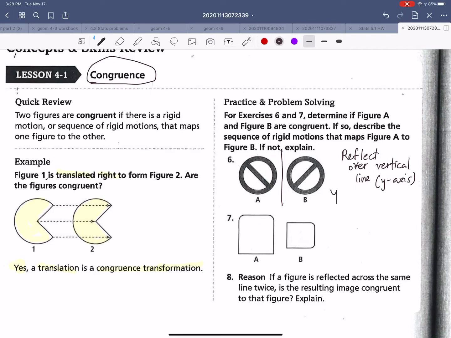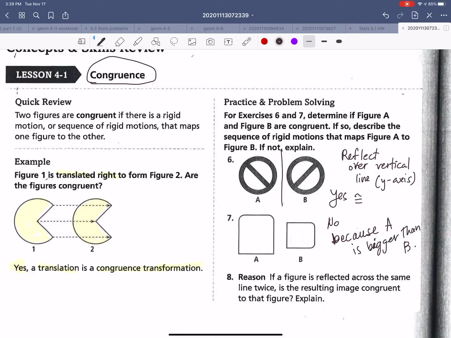So we're going to say yes, congruent. What about this one? This one is not. No, because it has to map on top of it. So if I put A on top of B, it would cover B up. It doesn't line up. So no, because A is bigger than B. It's got to be the same size and the same shape. Couple different reasons why you could explain.